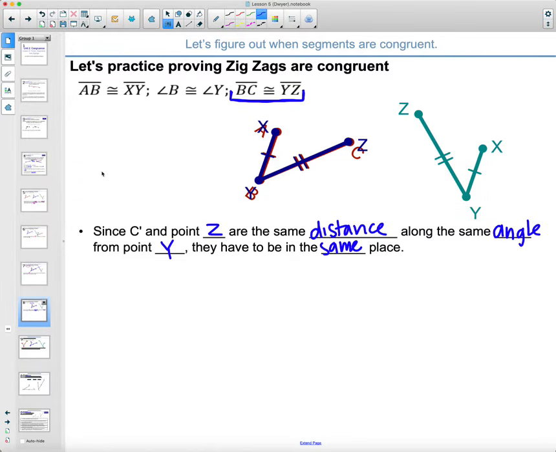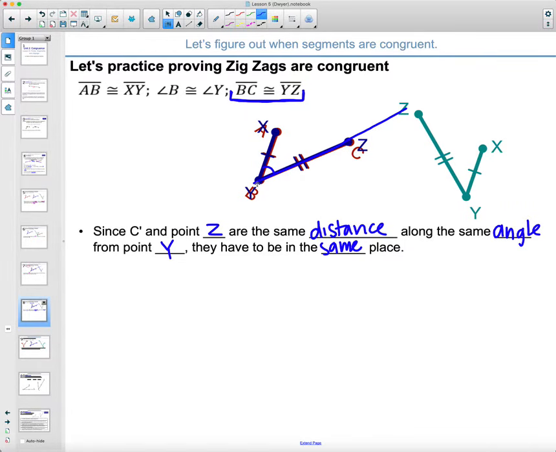First you said move the segment so that AB is on XY. If C is on the wrong side, bring it over. I know these angles are congruent, so C has to be somewhere along this ray. How do I know C lands on Z?